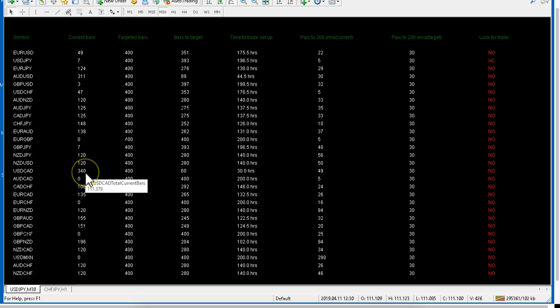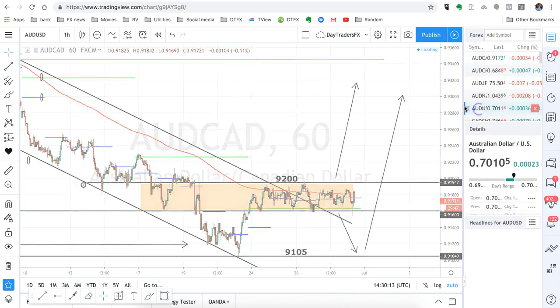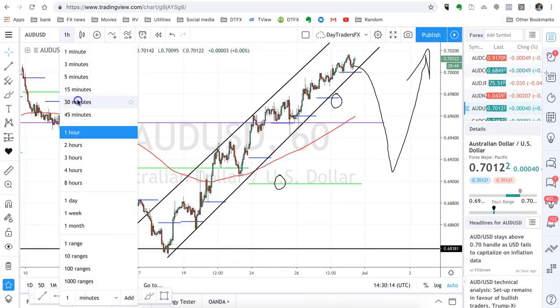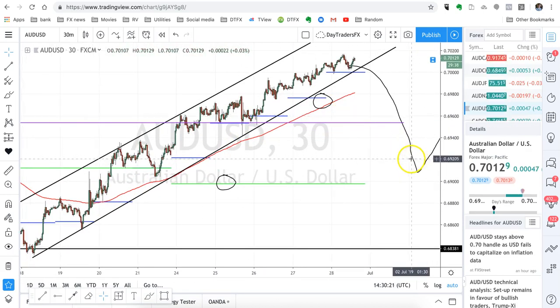Dollar CAD, 340. Now, we've got a strong dollar push going on right now, so we don't want to trade too much against that, but dollar CAD's been running down pretty hard, and the Aussie dollar's been running up pretty hard. Let's look at the Aussie dollar here. This is a 30-minute chart, and it's saying it has not touched the 200 moving average in a while. What do we want to see when we take a trade like this?